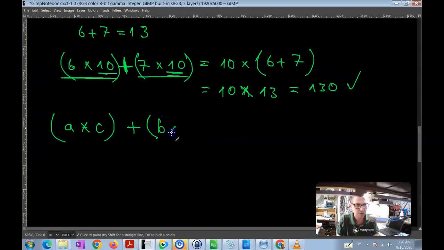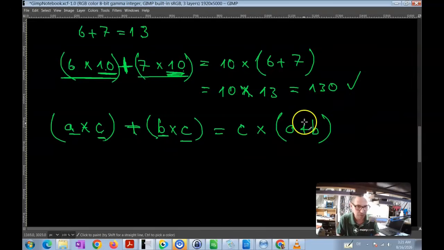Here the C is 10, I have taken the 6 as the A, and I have taken the 7 as the B. Since the C is common, I can take it out and multiply it by A plus B, right? So A plus B, right?